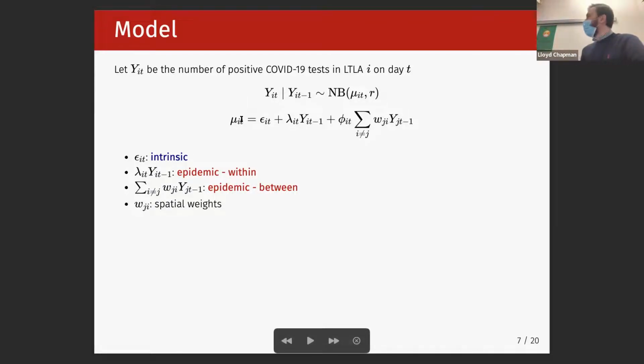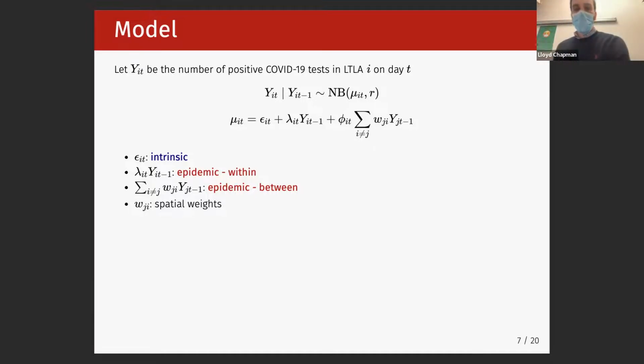And we decompose, as usual, the mean of that negative binomial distribution for the reported cases in 3 components. So the intrinsic, or what we have called so far the endemic part of the model, plus the epidemic part that looks at within transmission, and the epidemic part of the model that looks at transmission between different geographical regions over time.